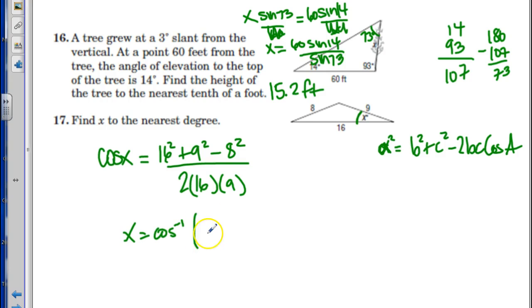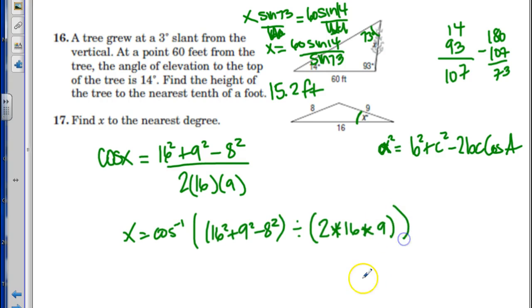And remember, when you put this on your calculator, here's what the keystrokes look like. 16 squared plus 9 squared minus 8 squared, close the parenthesis, divided by, open the parenthesis, 2 times 16 times 9, close that parenthesis, close that one. If we don't open and close parentheses in here, your calculator does order of operations and it will divide by 2 before it multiplies all these together.